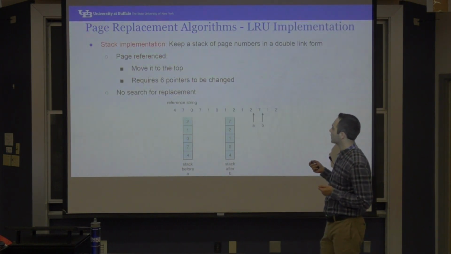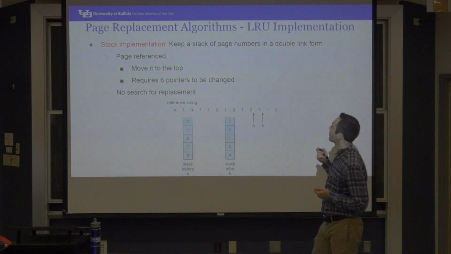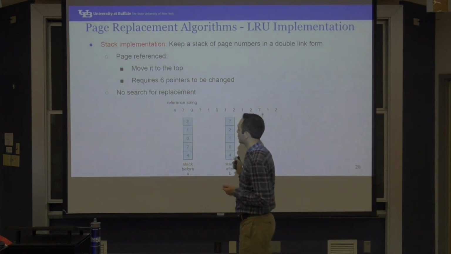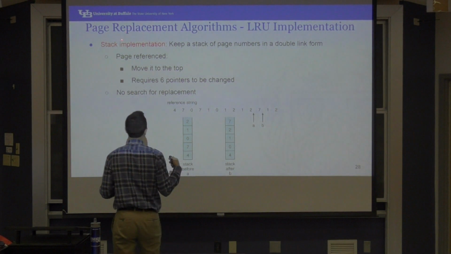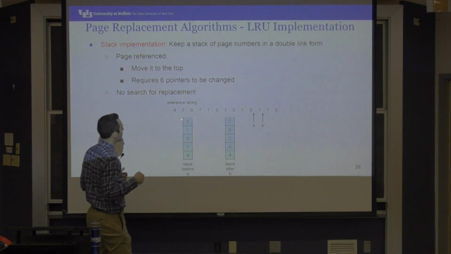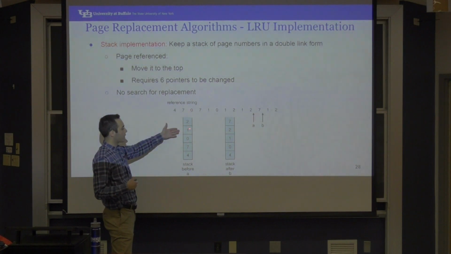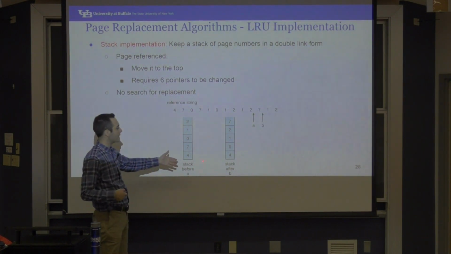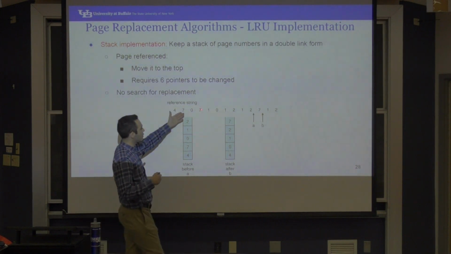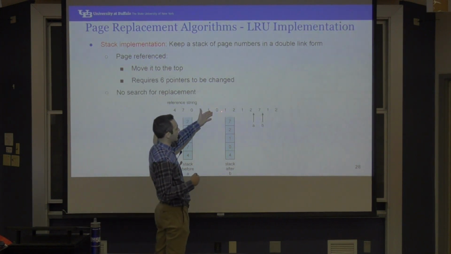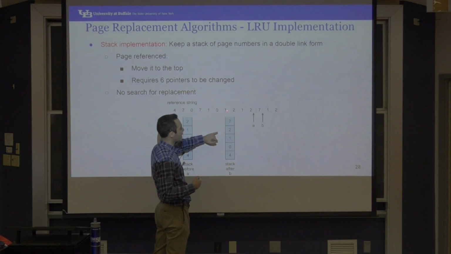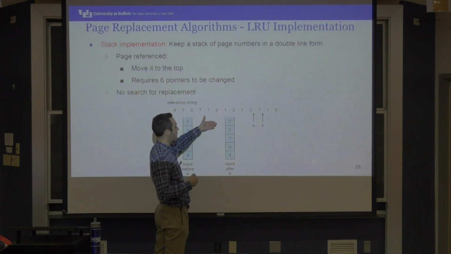So this is one actual implementation of LRU, which is a stack implementation, right? You keep the reference pages in a double linked stack, and as you access each page, you bring that page to the top of the stack, right?